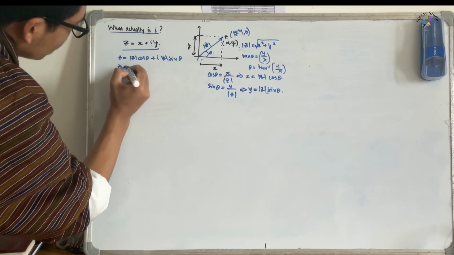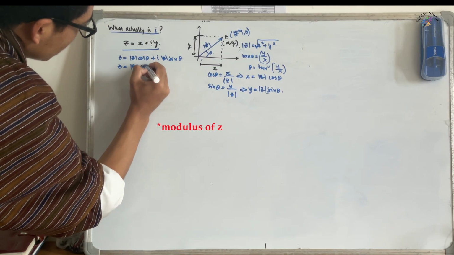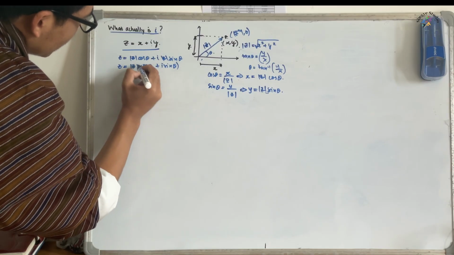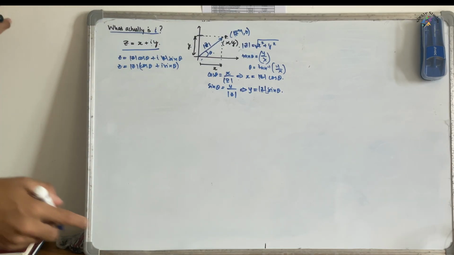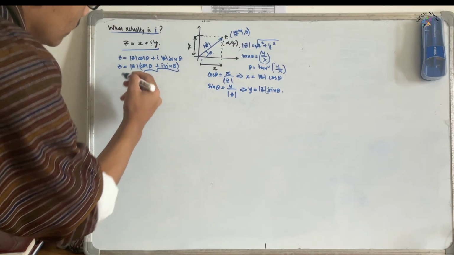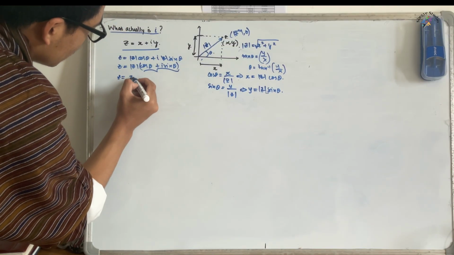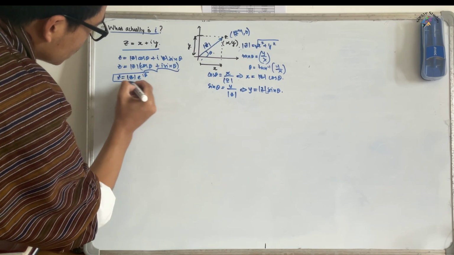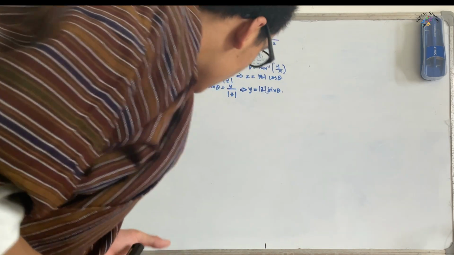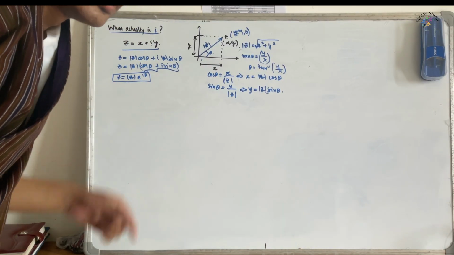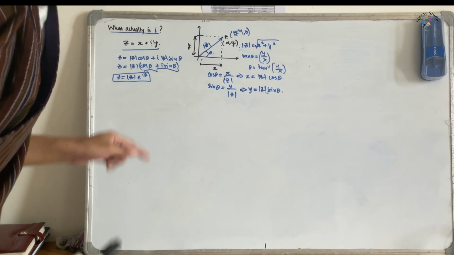So z equals modulus of z times cosine theta plus i sine theta. If you look carefully, this is just Euler's formula, so we can write it as the modulus of z times e raised to i theta. With this, we have proved that every complex number can be written in this form using Euler's formula. This is very important.